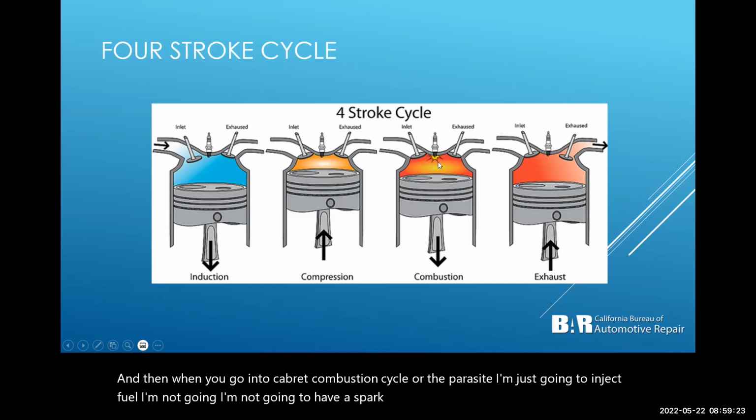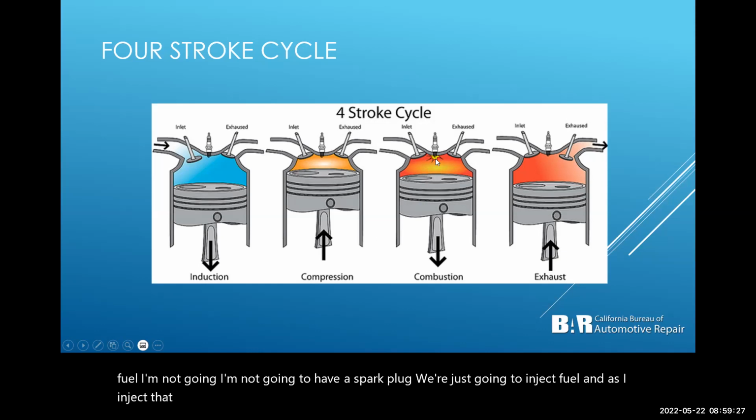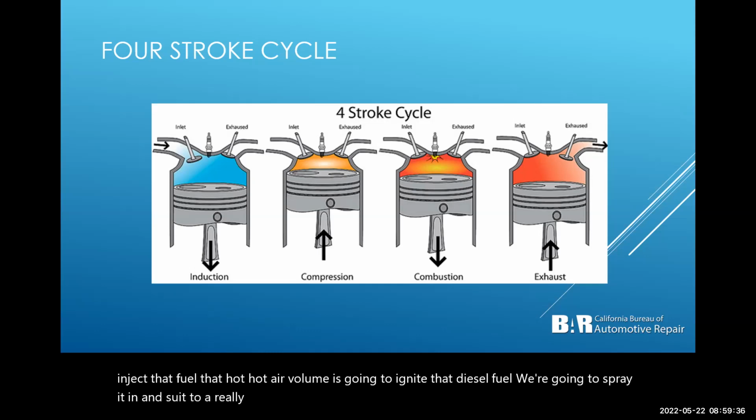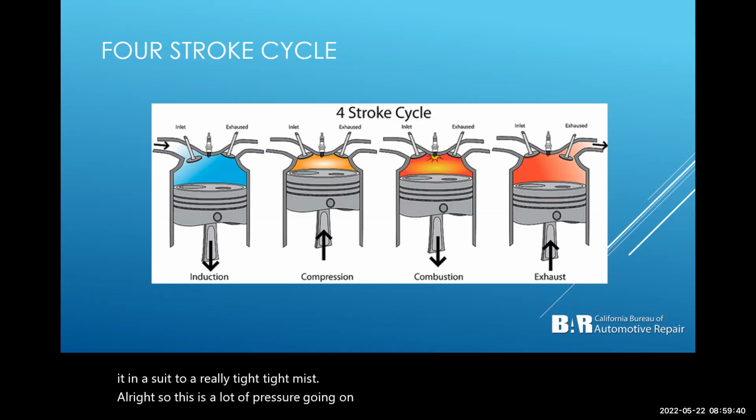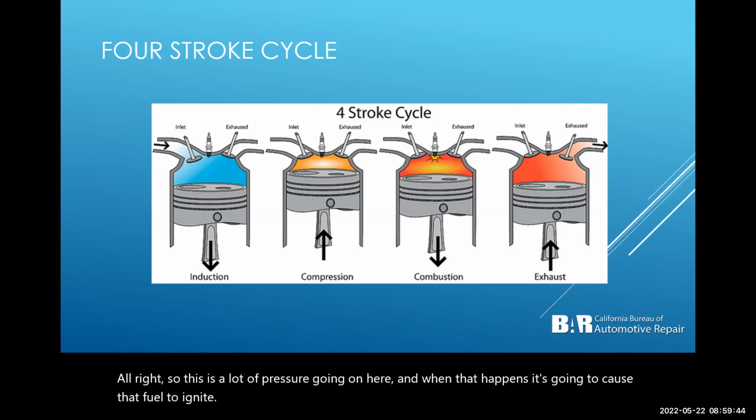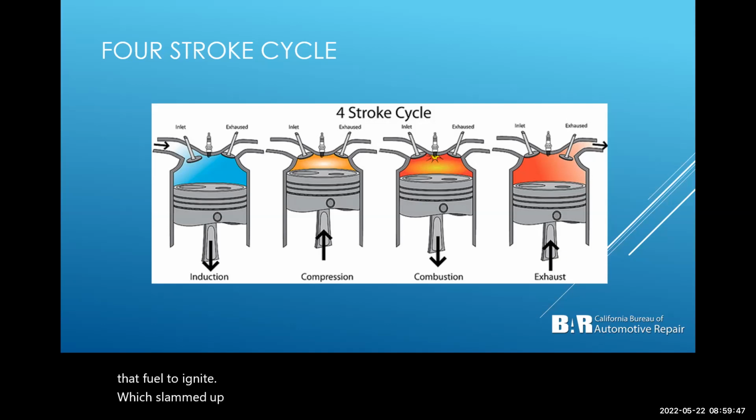We're just going to inject fuel. And as I inject that fuel, that hot air volume is going to ignite that diesel fuel. We're going to spray it into a really tight mist. All right. So there's a lot of pressure going on here. And when that happens, it's going to cause that fuel to ignite. We slam that piston down just like we did in the gasoline motor.